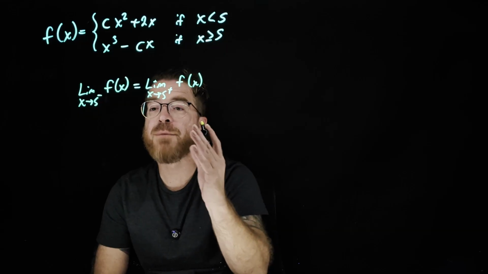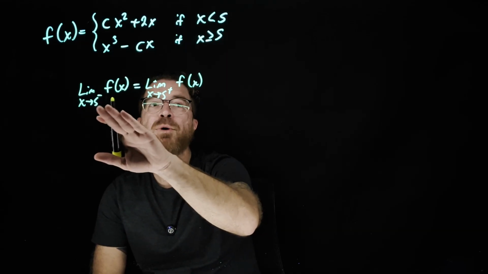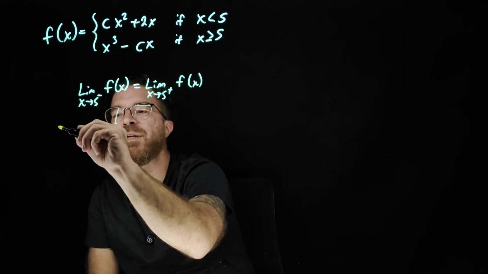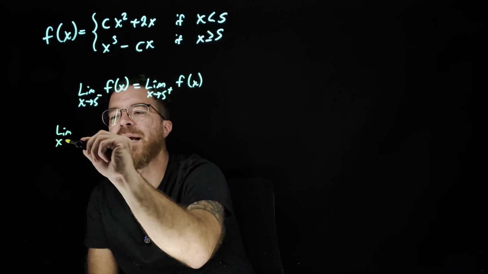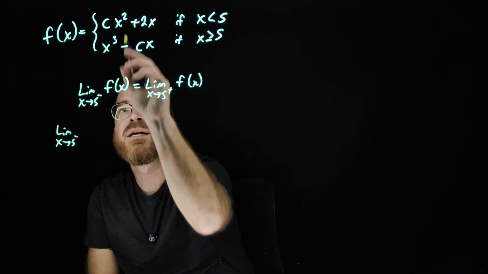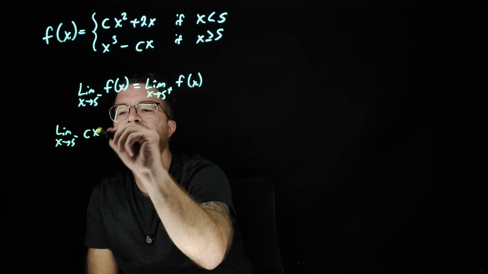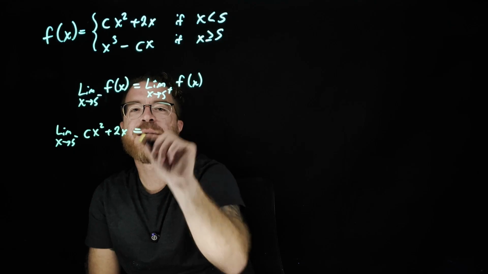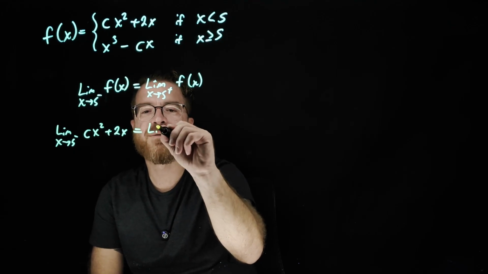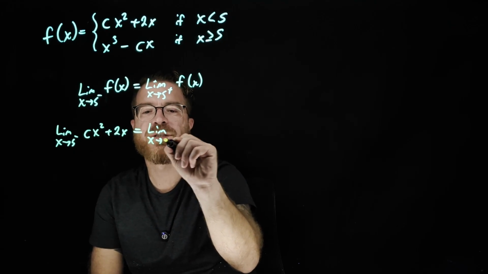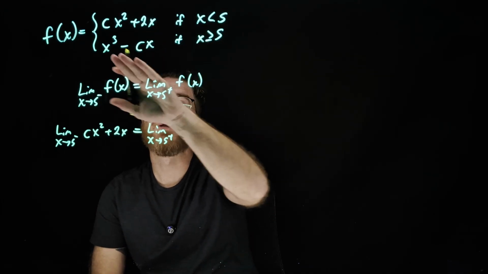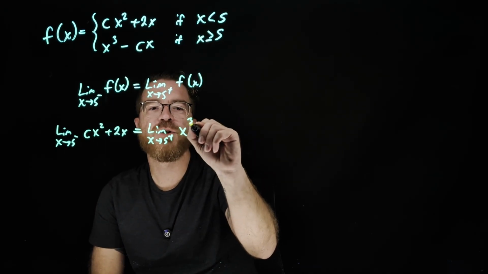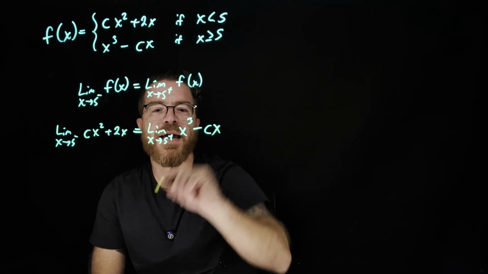Now I'm going to plug both of these in. As I'm approaching from the left, the limit as x approaches 5 from the left is cx squared plus 2x, and this is equal to the limit as x approaches 5 from the right of x cubed minus cx.